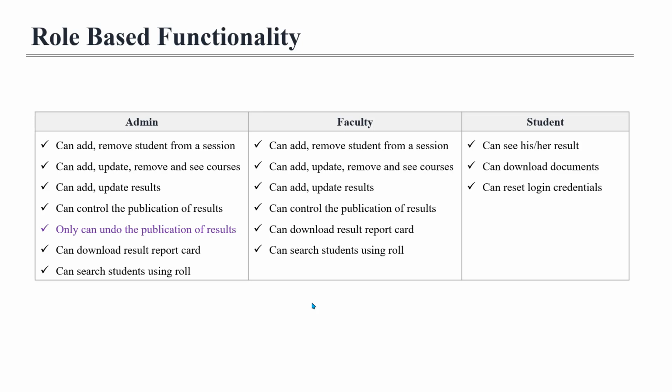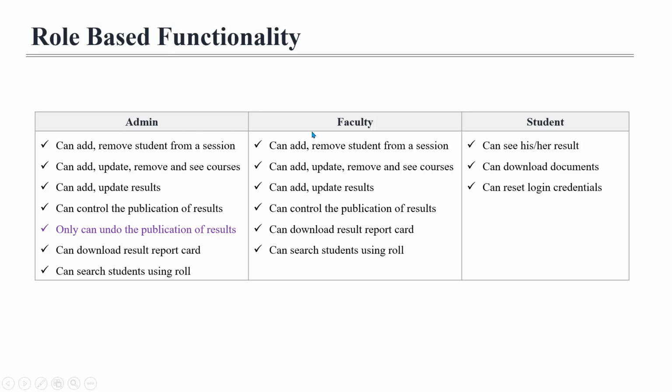Now these are the key functionalities which are divided based on the user role. So there are basically three types of user roles we are using in this application. These are the admin, faculty, and the student.